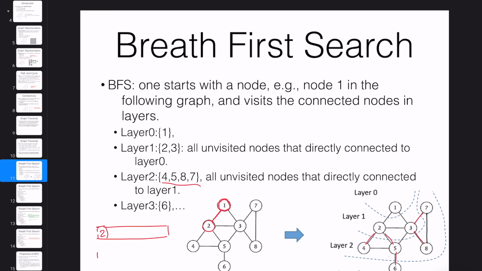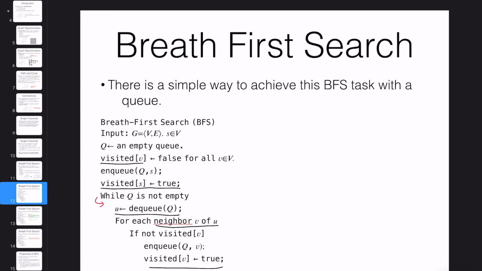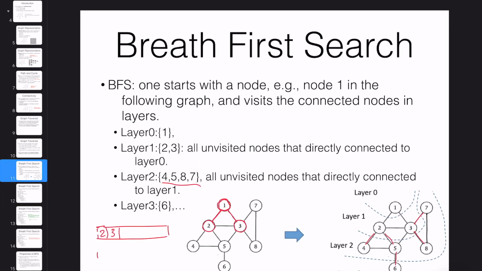Has 3 been visited? No. So you push it to the queue and then mark it as visited. Now if you go back to this while loop, the queue is not empty, so I have to remove another value from the queue. The next node that will be visited will be 2. 2 will be removed from the queue.